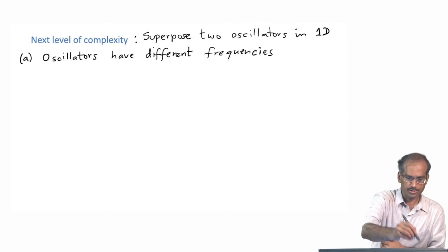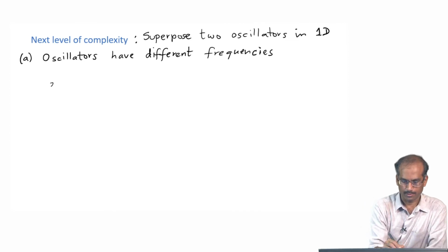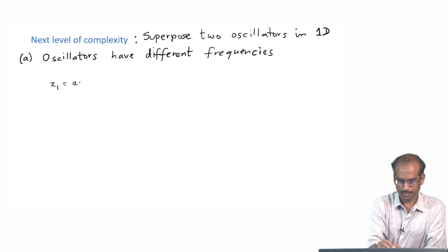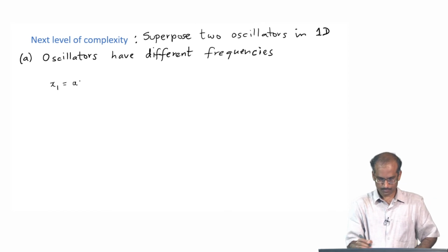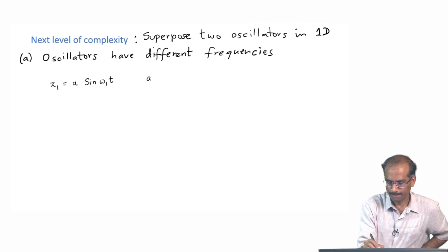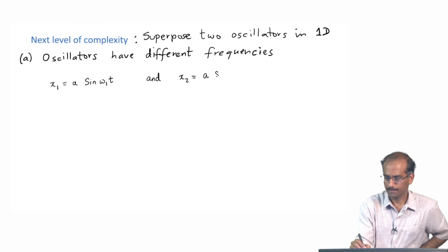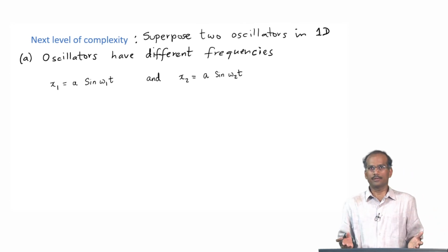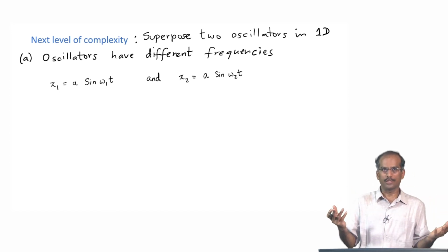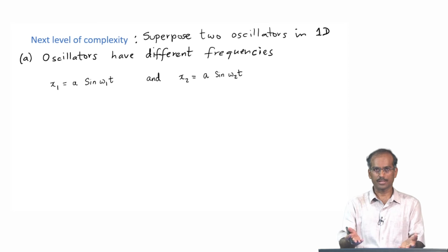Corresponding to this situation, I can write down the following solutions: x 1 is equal to... So, I have directly written down the solution. You should immediately imagine that there are two oscillators for which the solutions have been written down.